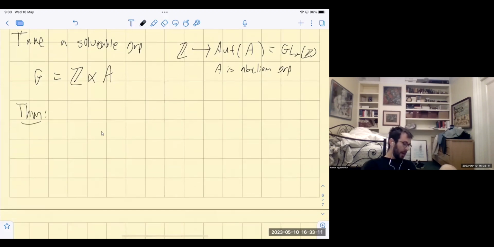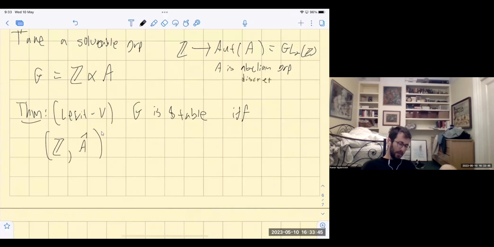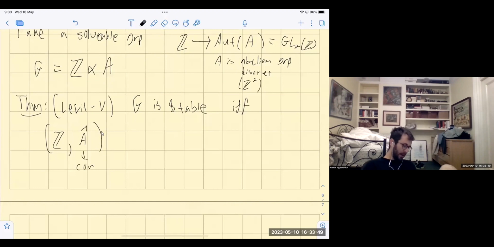Here's a theorem by Arie Levit and myself, which is a special case: G is stable if and only if the dynamical system where the acting group is Z and the topological space is the dual of A, which is compact abelian since A is discrete abelian, for example the torus when A is Z^2, has dense periodic measures.